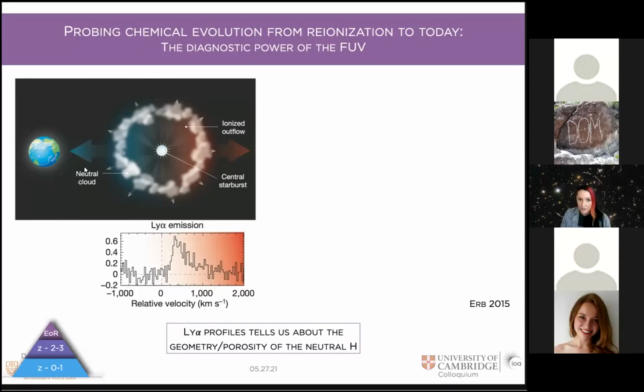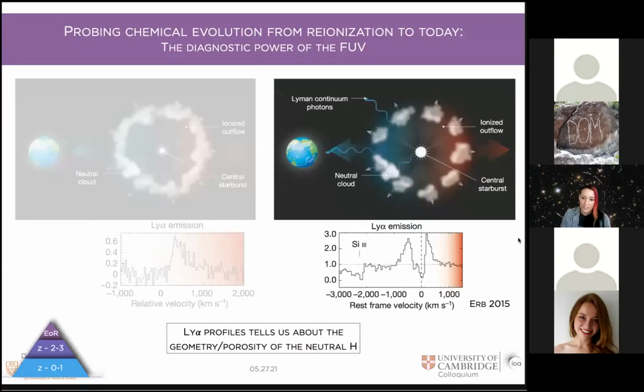And so that kind of tells you, in at least a toy model sense, what type of structure you have. And alternatively, again, there's lots of different Lyman alpha shapes you can get, but in another simplistic case, if you have maybe more of these channels, they don't have to be necessarily completely clear, but maybe they're lower column density of gas or dust, you can start to get some of those photons that are able to escape towards you along the line of sight.